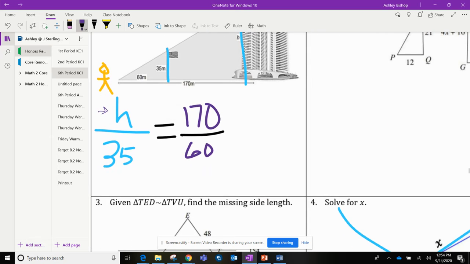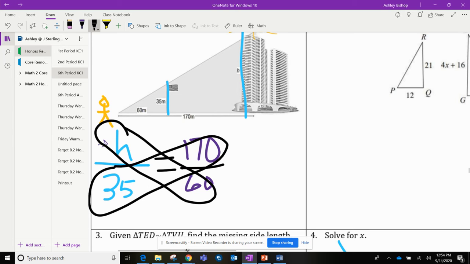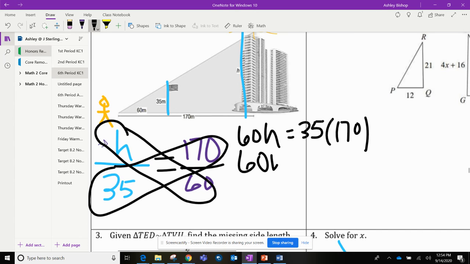And then once I get here, we are going to cross multiply. So we know how to do that. I have 60 times H is equal to 35 times 170. And then you can follow along in a calculator. You should have a calculator, but if you do that math, I'm going to have 60H is equal to 5,950.